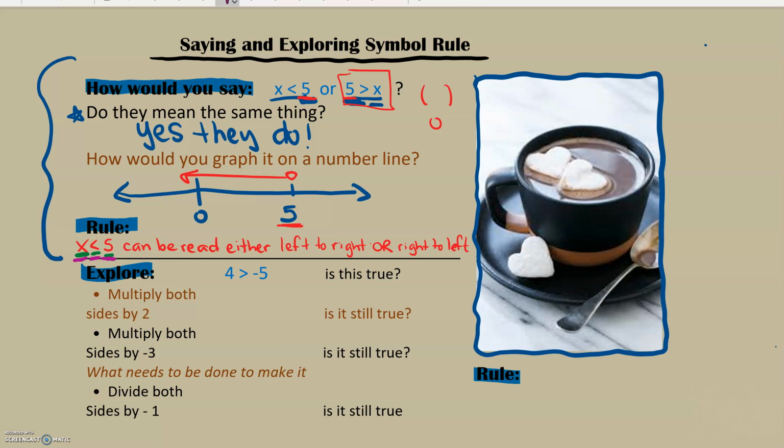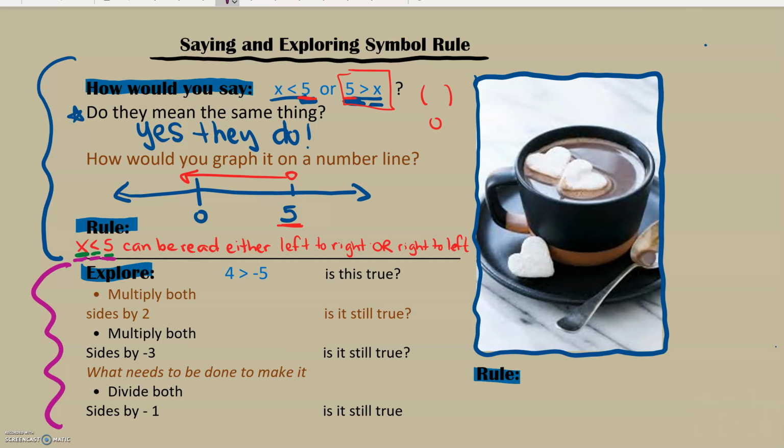Okay, the next part that we're going to work on is the second half here of that screen. What I would love for you to do is take a moment, write down that 4 is greater than negative 5, and answer, is it true? And then it tells you to multiply both sides by 2, so go ahead and do that. Write the new statement, and then answer if that's true.